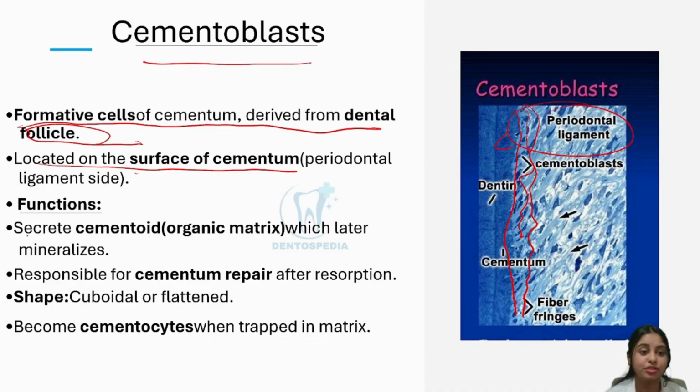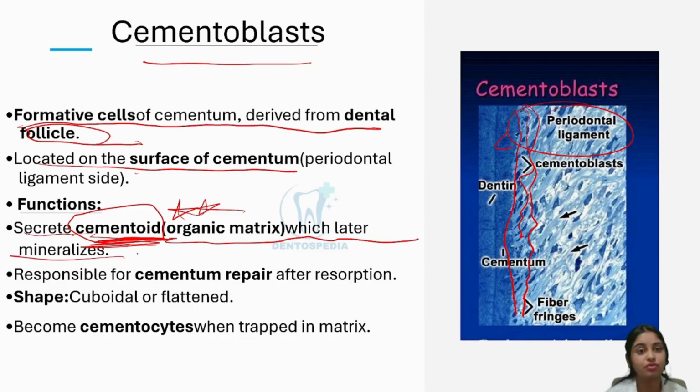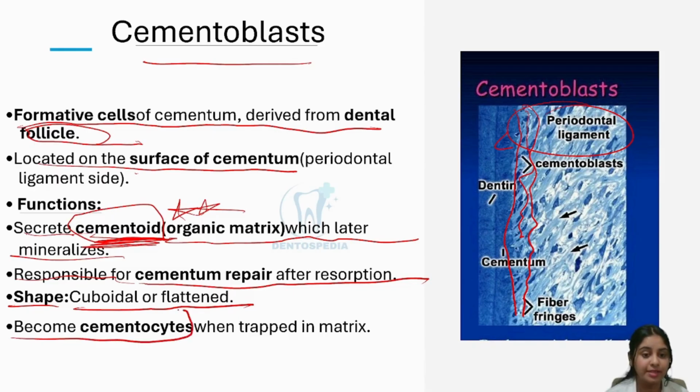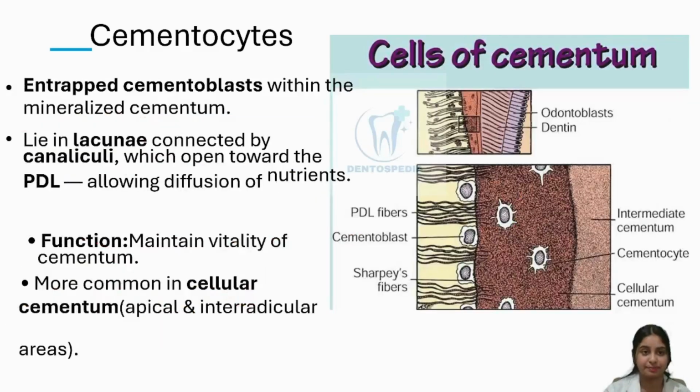The main function is to secrete cementoid. This is important, which is the organic matrix that later mineralizes to form cementum. They are also responsible for cementum repair after resorption. They are shaped as cuboidal or flattened cells, and they become cementocytes when they are entrapped in the matrix, in the lacunae.